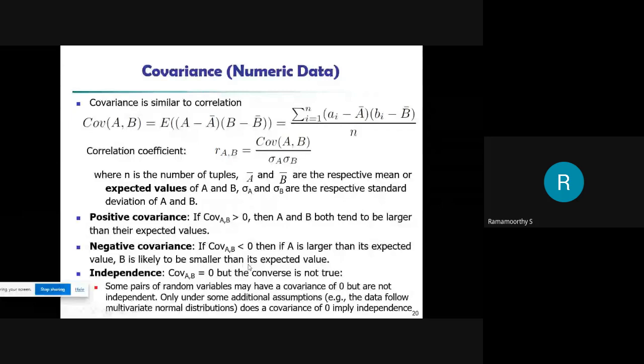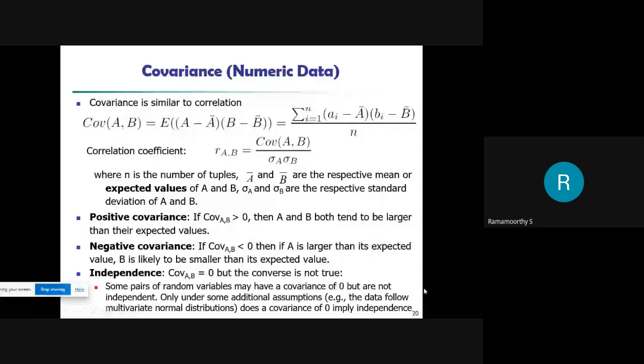That is the exact representation of the different cases. A coefficient value greater than 0 means A and B both tend to be larger than the expected values. But in the case of negative covariance, A is larger than its expected value, but B is likely to be smaller than its expected value.